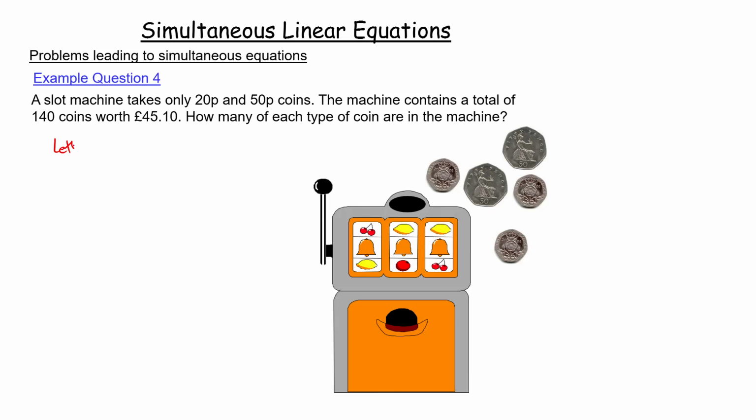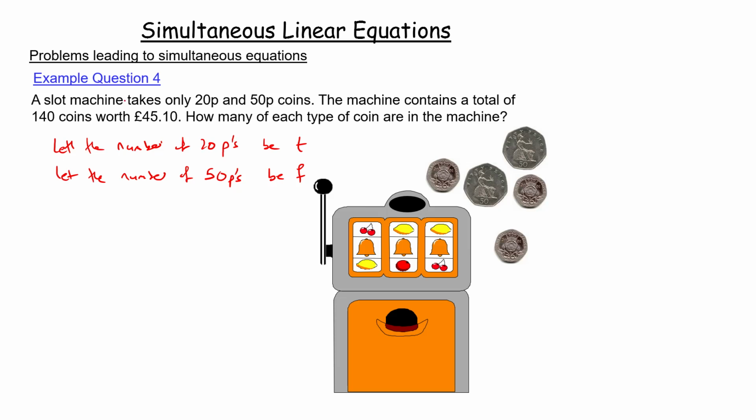Let the number of 20p's be T, and then let the number of 50p's be F. They're very similar, F and T. We'll see how that works out.